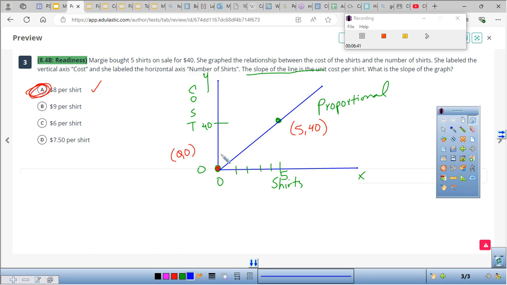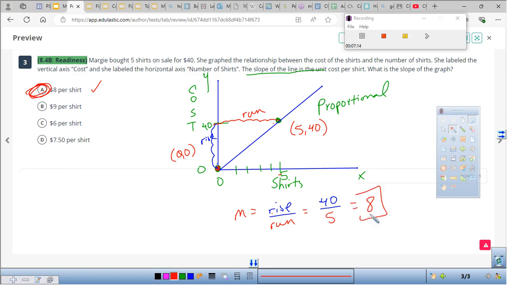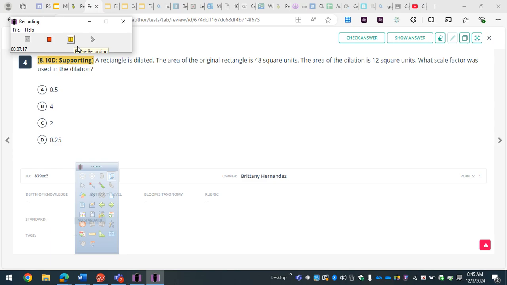Another way I think would be super awesome is doing rise over run. M is equal to rise over run. From here to here, rise is 40. From here to here, my run is 5, which again gives me 8.